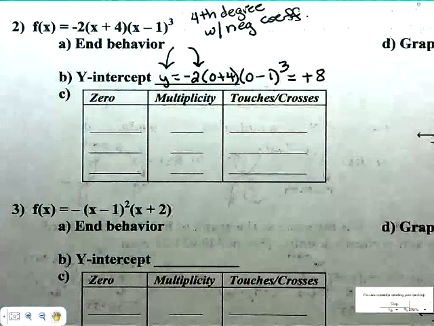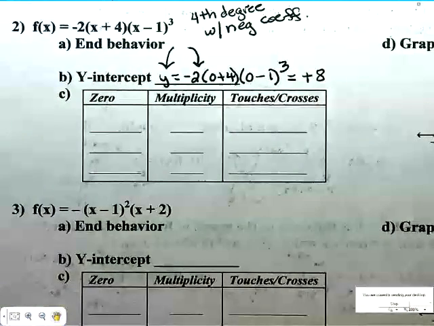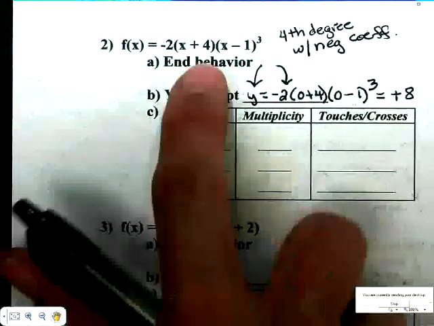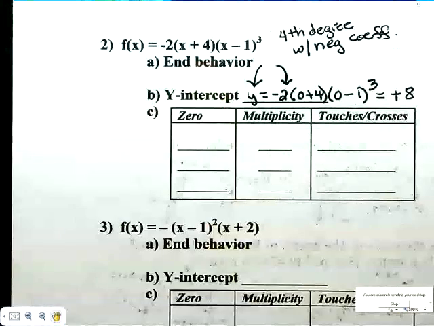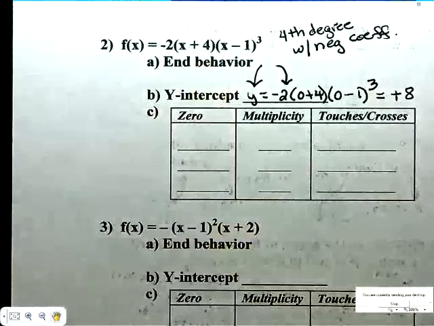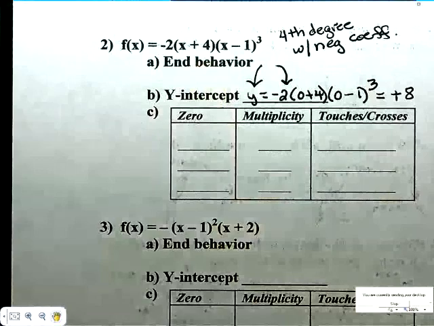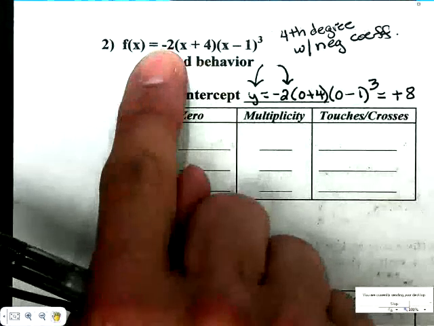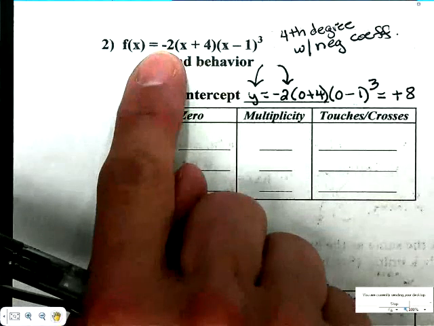What are the zeros of this function? And this time, I'm not even going to make a side note. I can just look at these factors and see the zeros of that function are what? Negative 4 and positive 1. If you set negative 2 equal to 0, does that give you a solution? No, negative 2 doesn't equal 0 no matter what x is.